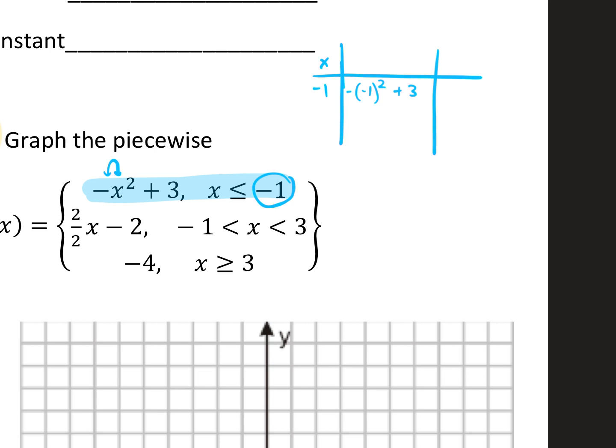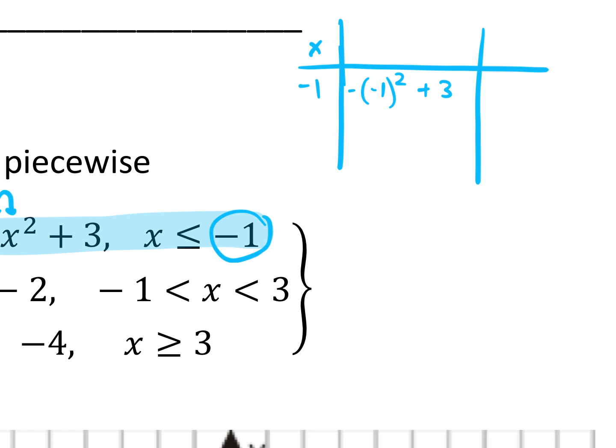When you're plugging it in, these equations seem super easy, super small, but just make sure you follow your order of operations. You got to do the -1 squared before you distribute that negative to it. A lot of people just want to turn it into a plus right away, but -1 squared would be +1. That negative outside keeps it a -1. And -1 plus 3 is 2. So my first point would be -1, 2.